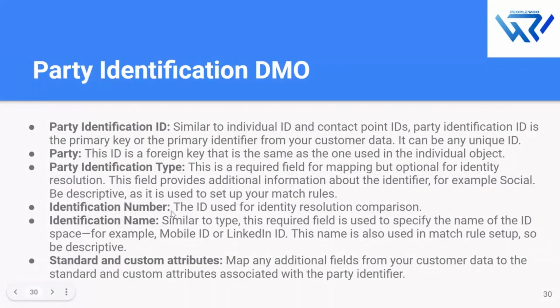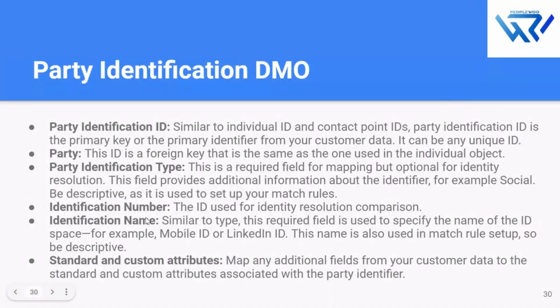Then identification number. This identification number is the ID used for identity resolution comparison. Identification name is similar to type. This is used to specify the name of the ID. For example, is it a mobile ID, a LinkedIn ID, or a driver's ID? So all these are some of the attributes you have to define whenever you are doing some mapping.